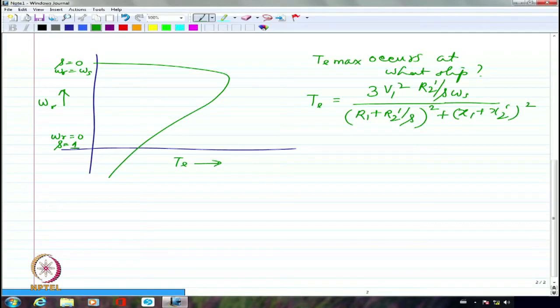Right. So, when we are looking at it this way, now we have to write dTe divided by ds equal to 0. I am going to leave this to you guys to differentiate. I hope you guys have done it already probably. If you have not done it, you can find out. So, this is at what slip?